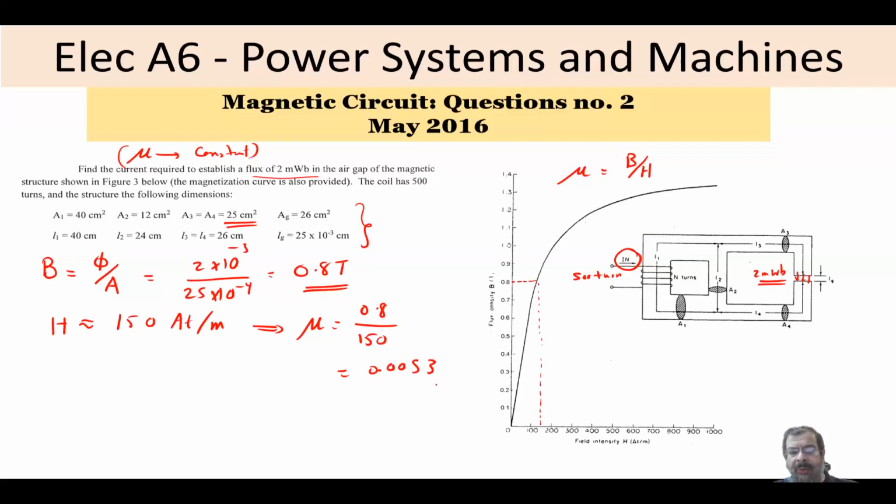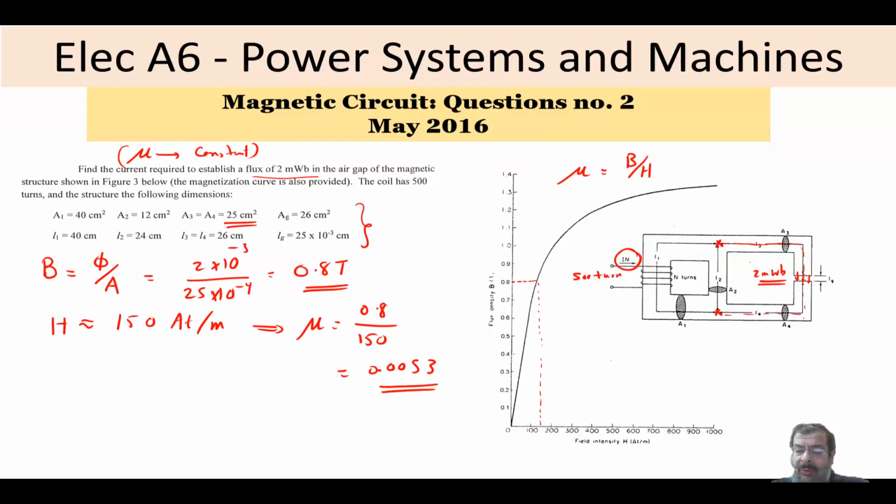That is your mu. My mistake in the question was that I assumed this mu is the same in every single branch, which is wrong. This mu is only valid from this point to this point in that path.